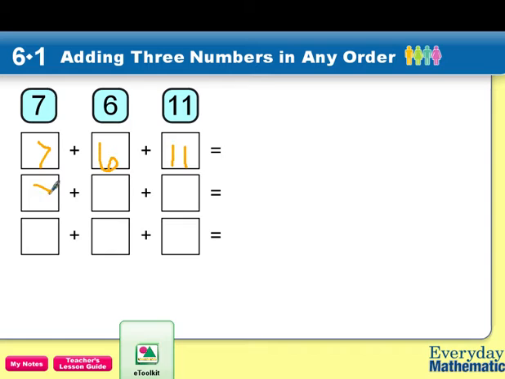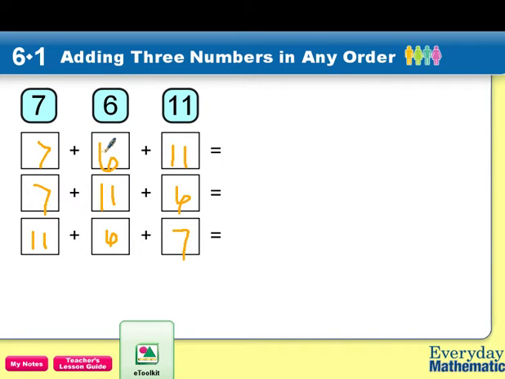We could do 7 plus 11 plus 6. We could do 11 plus 6 plus 7. It doesn't matter in what order we add them, we will get to the same answer. It doesn't matter if we draw a picture. If adding these three add-ins together, we should get the same answer.